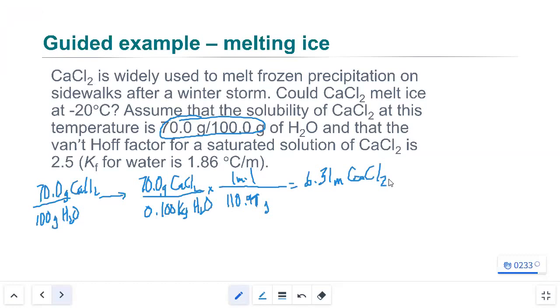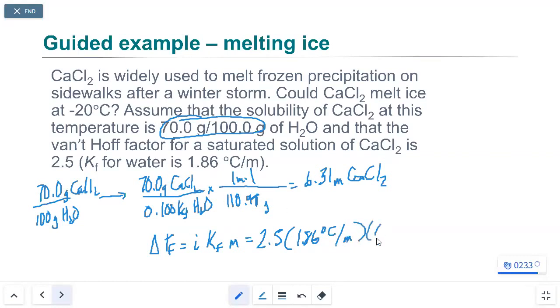From here, now it's just a freezing point depression problem. Delta TF is equal to i KF m. i, we are told, is 2.5. KF, we are told, is 1.86 degrees Celsius per molal.